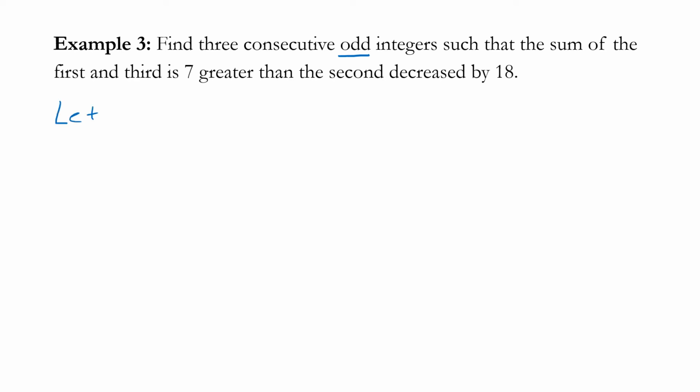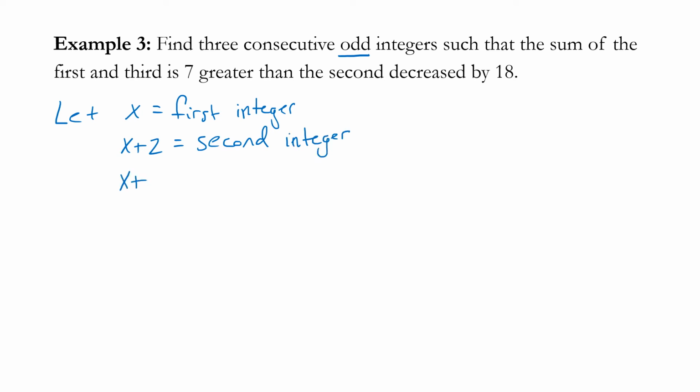So it's let x equal the first integer, x plus 2 will be the second integer, and x plus 4 will be the third integer.